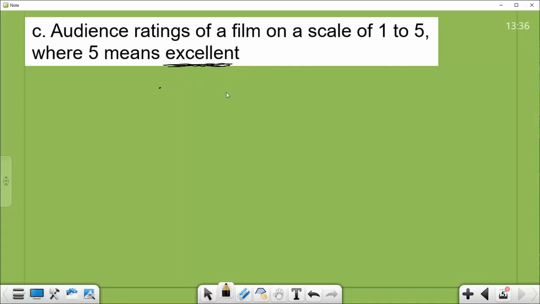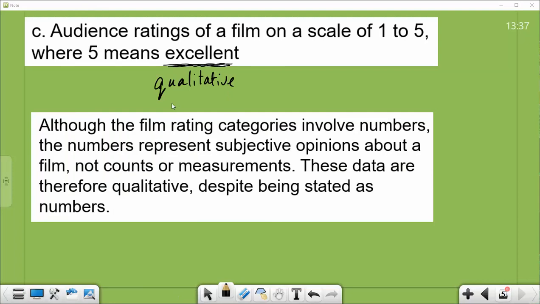You might be tempted to say it's quantitative, but this is actually qualitative. I just typed this out to remind you: it's subjective opinions about the film, not counts or measurements. We're describing what we think, good, bad, excellent, whatever. So that's qualitative.